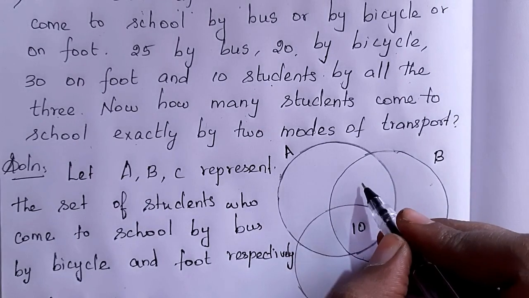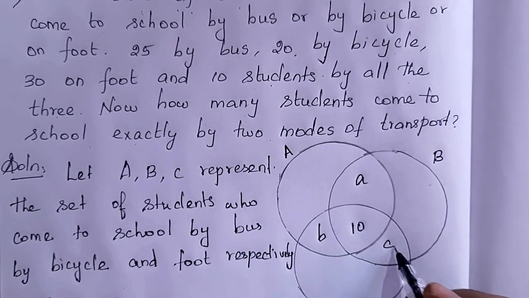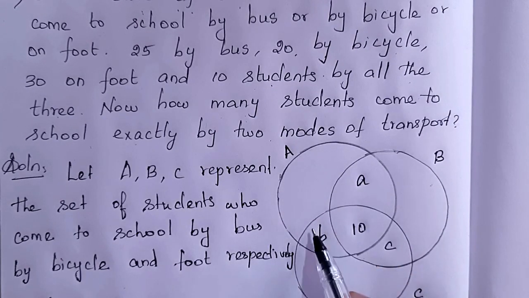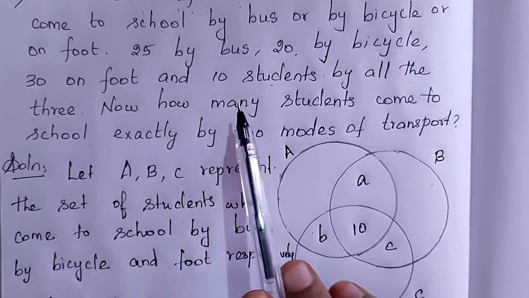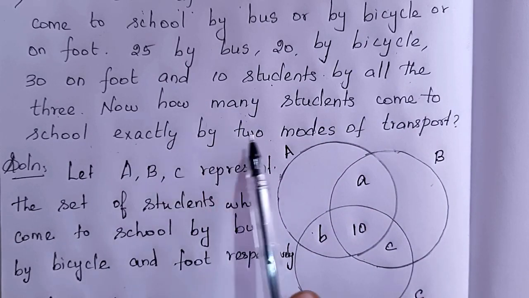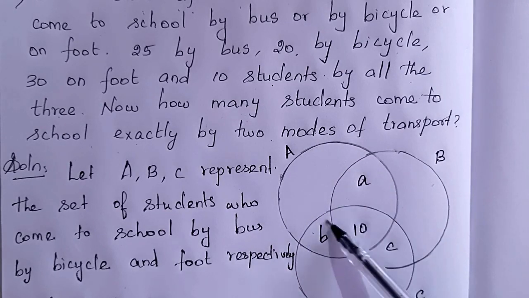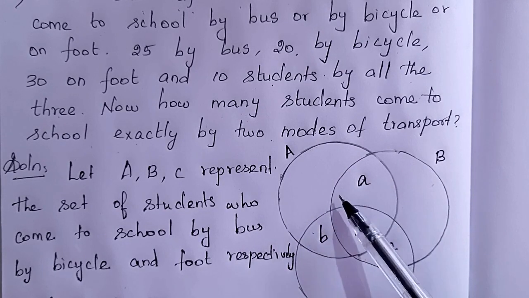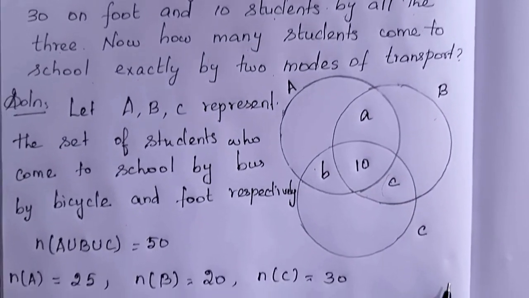So I can take A, B, C. So if we find A plus B plus C, that is our answer, because in the question they ask how many students come to school exactly by two modes of transport. So exactly means A, B and C. So if we get the answer A plus B plus C, that is our answer.